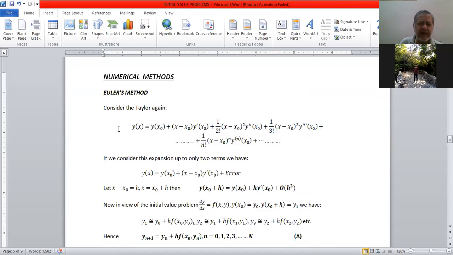How the Euler's method is developed? Again, we use Taylor series again.